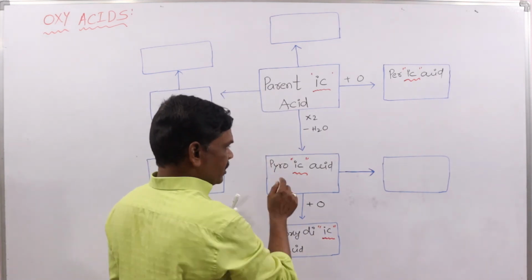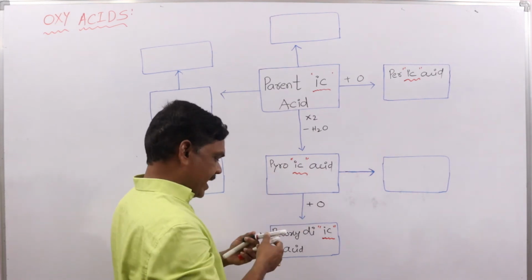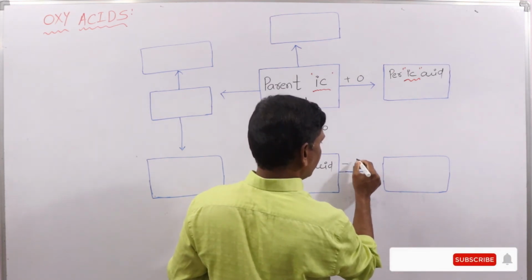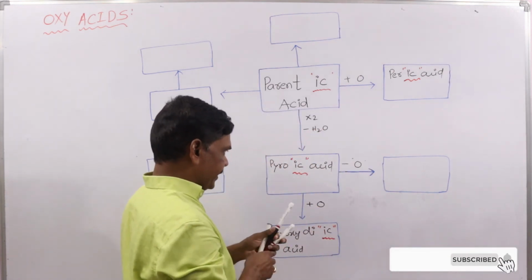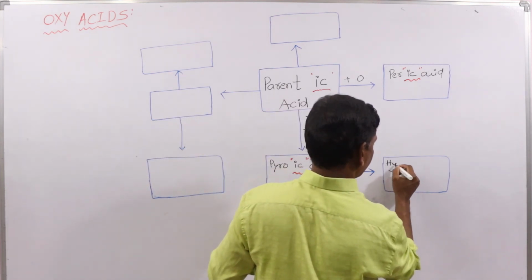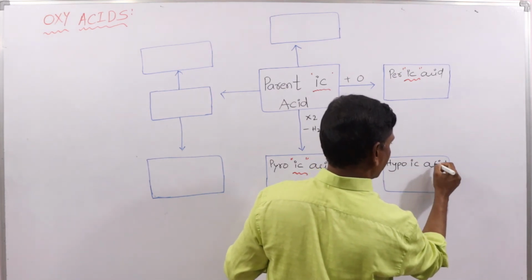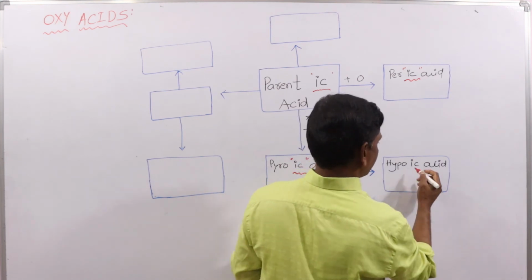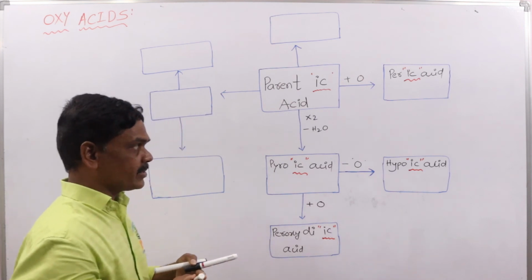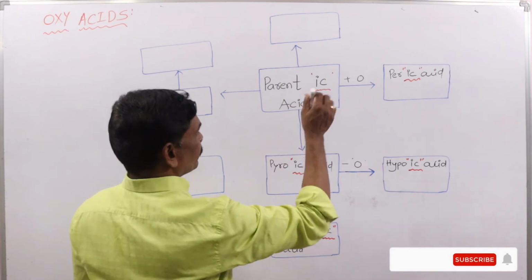Now from this pyro -ic acid, removal of one oxygen gives hypo -ic acid. Here also it is an -ic acid, hypo -ic acid.